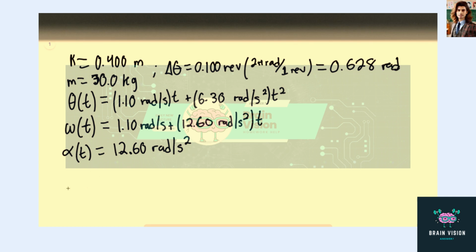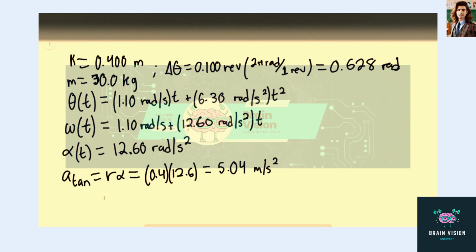And at this point, we can find the tangential acceleration. This is simply going to be r alpha. So this would be 0.4 times 12.6, or 5.04 meters per second squared.